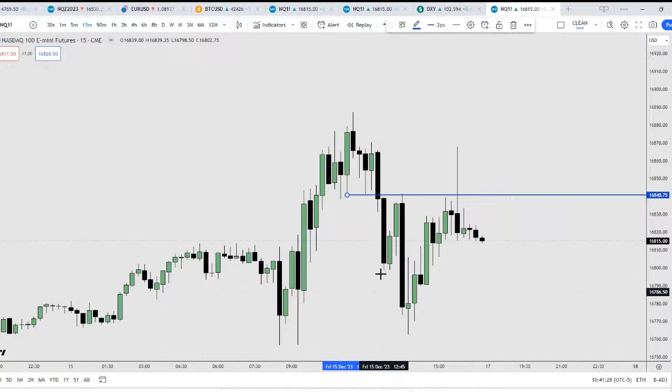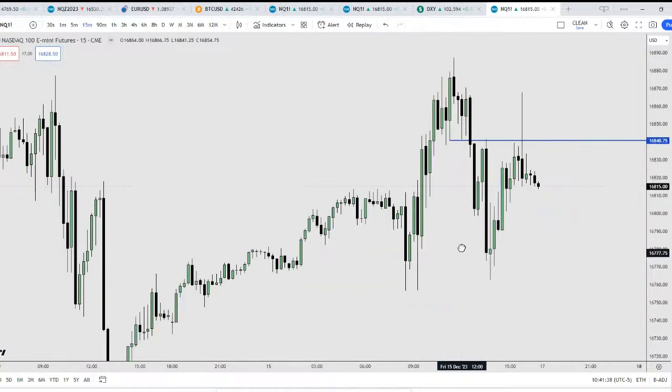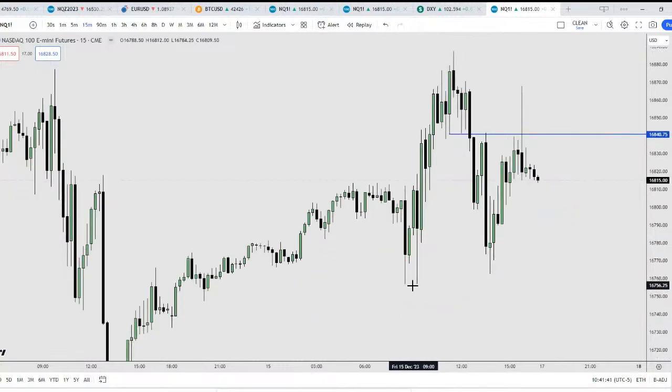What happens is, as you can see here, it ran through this swing high. Same thing here on the 15 minutes, because right here you have equal lows, and you're expecting it to hit them, but eventually it did not. So problematic price action for this example.